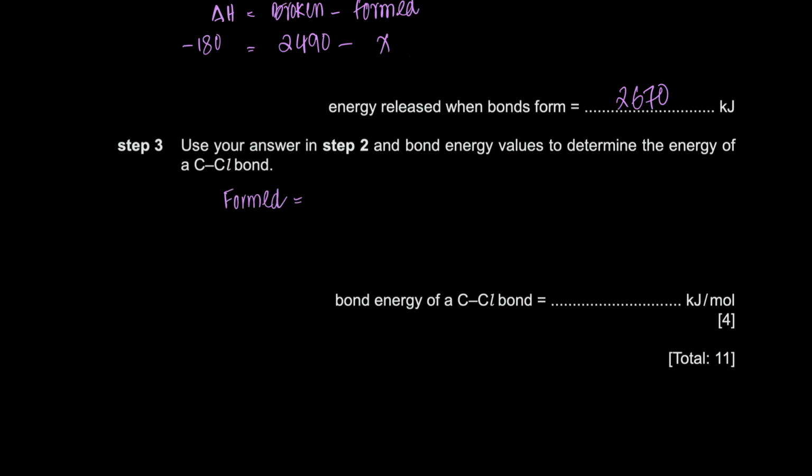What bonds are formed? There are 4 CH bonds, which is 410, and 2 CCl bonds. Let's just leave it like that. And let's just put the answer directly, I think. CCl is 340.